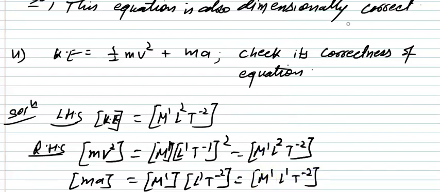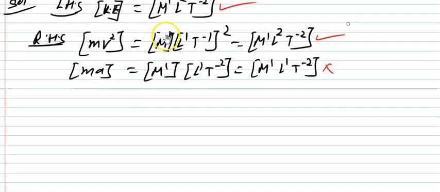Hence we can say that it is dimensionally not correct. Why? Because the dimension of each and every term is not equal. One is equal, okay, but it is not equal to the other one. Hence the given equation is incorrect dimensionally.